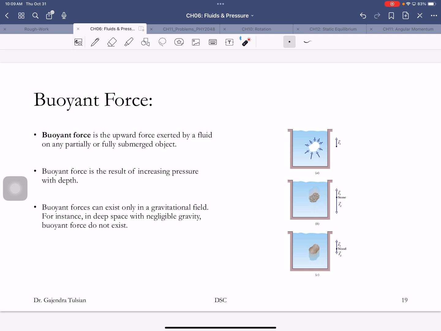If this was a piece of wood, the buoyant force is greater than the weight, so that will rise. If the buoyant force is equal to the weight, then this can remain suspended underwater. For human bodies, the buoyant force is almost exactly equal to our weight. So if you were underwater, you would be weightless, and if you didn't panic, you wouldn't sink.